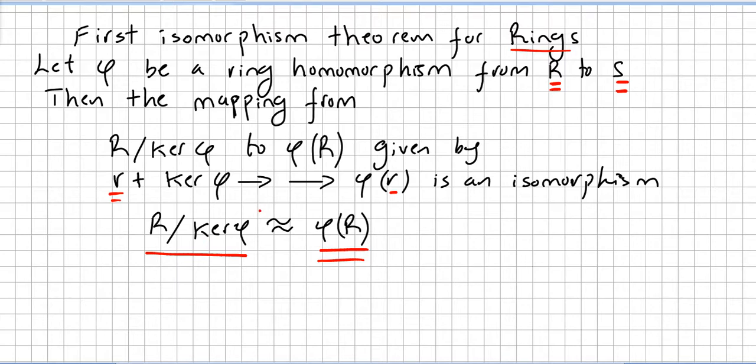Okay, that's all this means. So the quotient ring of R by the kernel of phi and the image of phi are isomorphic.